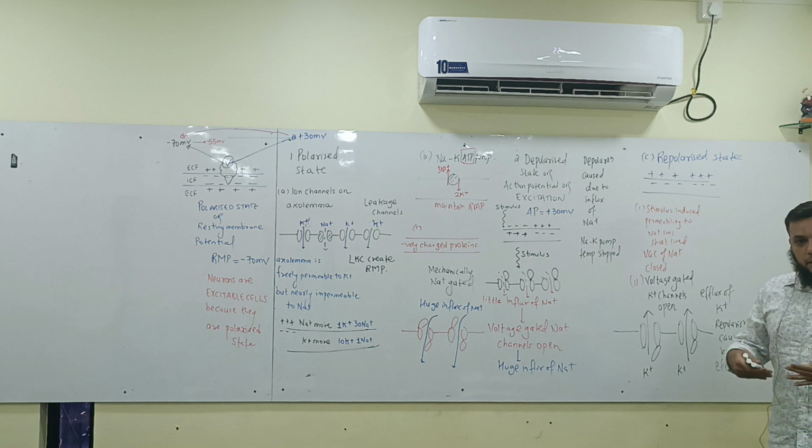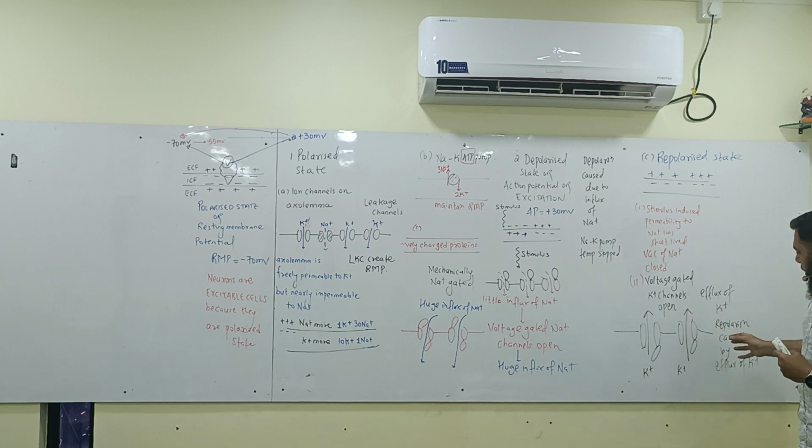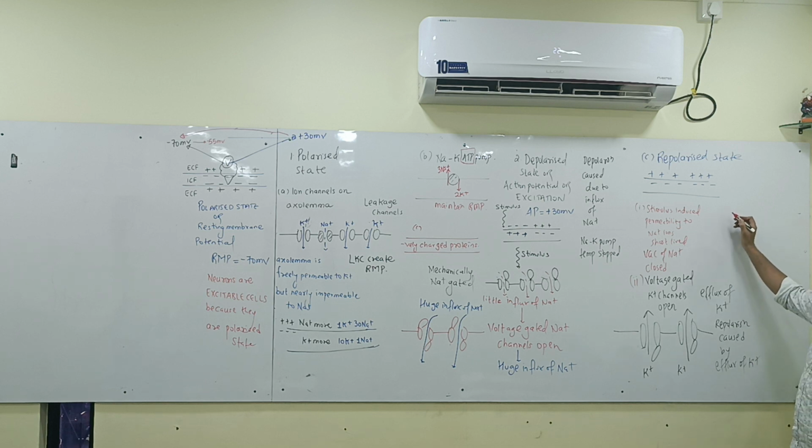जब भी K plus अंदर से बाहर जाएगा, तो अंदर की पॉजिटिव चार्जेस कम हो गई और बाहर की पॉजिटिव चार्जेस बढ़ गई, तो इनसाइड विल बी नेगेटिव. बट डोंट यू थिंक इसके से आयन का कंसंट्रेशन डिस्टर्ब हो चुका है? अभी K plus भी बाहर ज्यादा हो गया, but now the sodium potassium pump will restart.